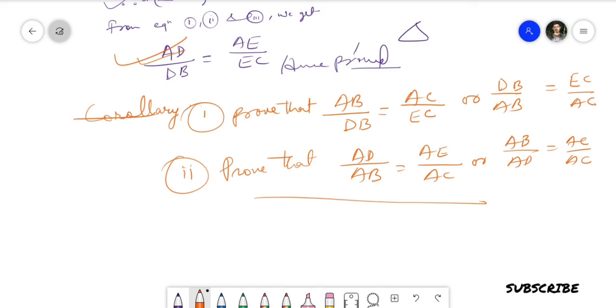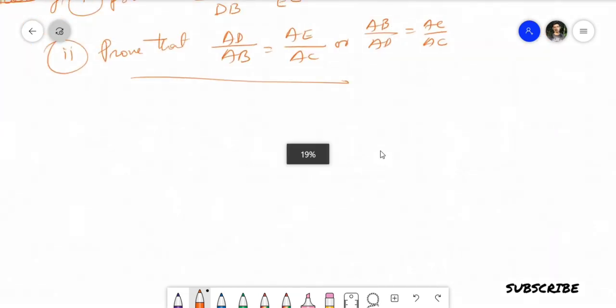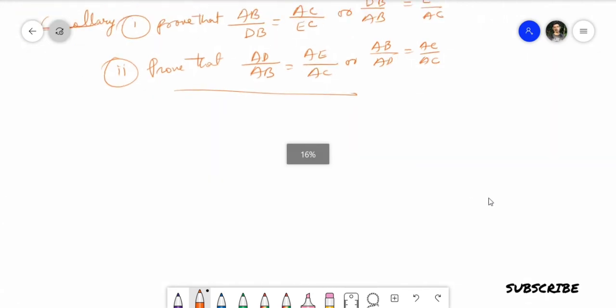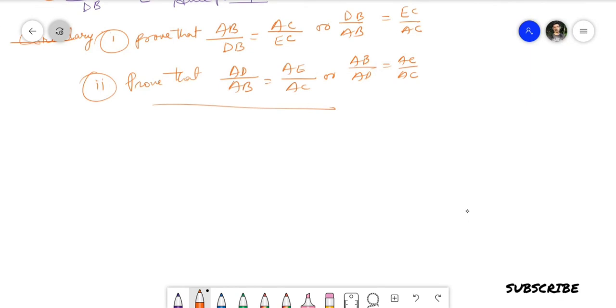This is a corollary, meaning we can prove it from the theorem above, whatever we have done. I'm going to draw again, but you don't have to draw it because you have already drawn it once.